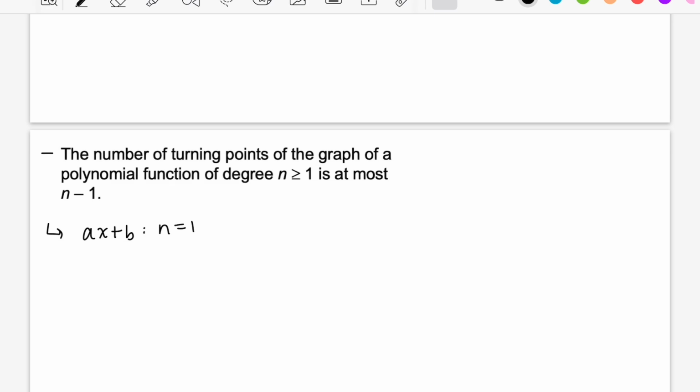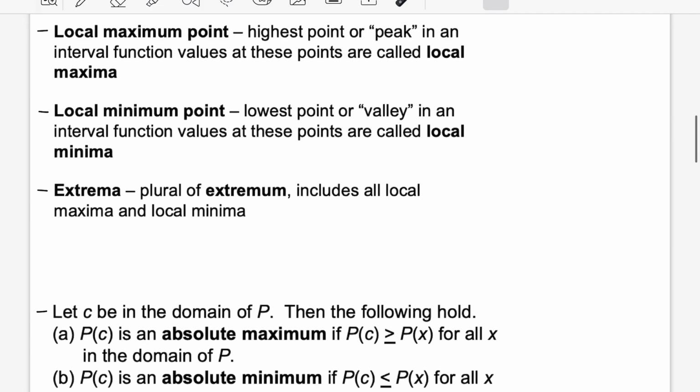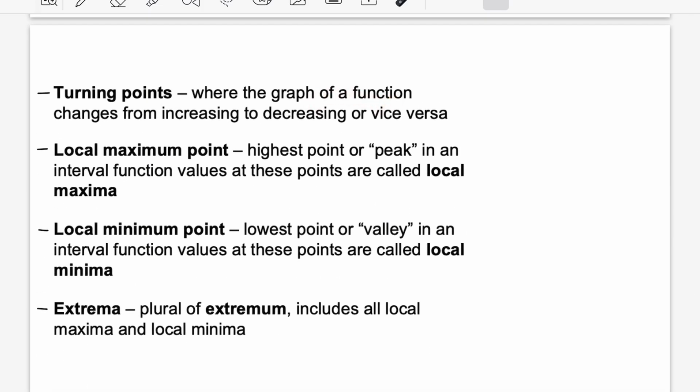So in this case, the number of turning points would be 1 minus 1, which would be 0. So in this case, we don't have any turning points. Okay, so this concludes that we have no local extremum, right? Because the turning point, like we said, is going to be when the graph of a function changes from increasing to decreasing, and that's where we would see our extremum.